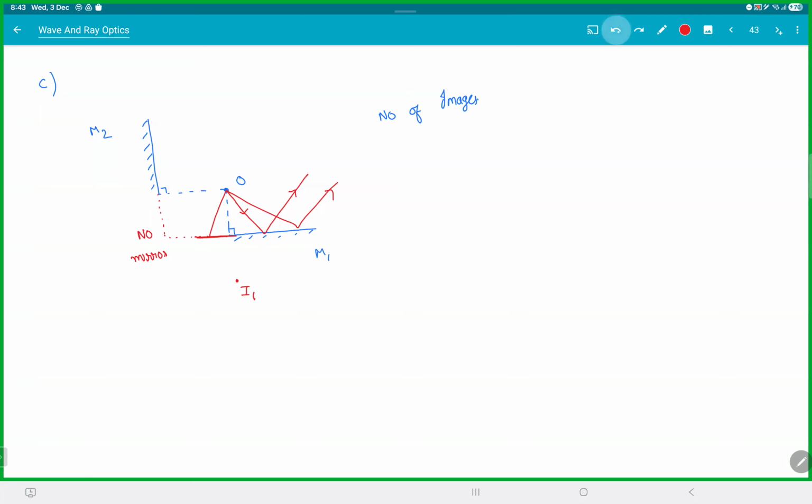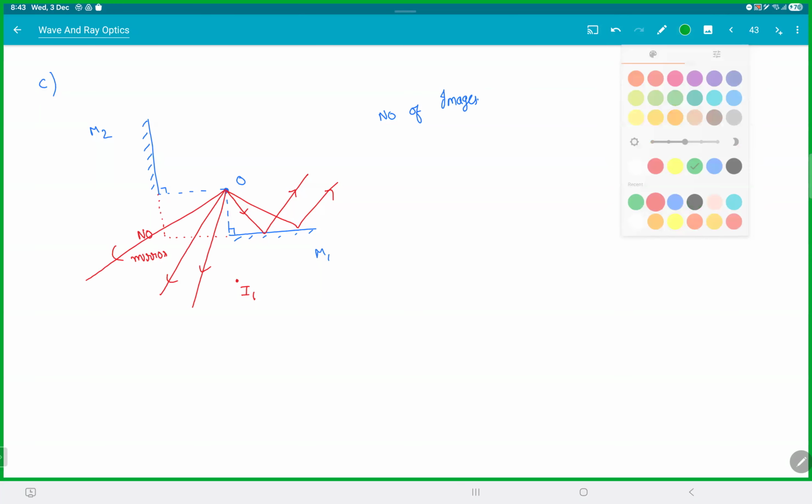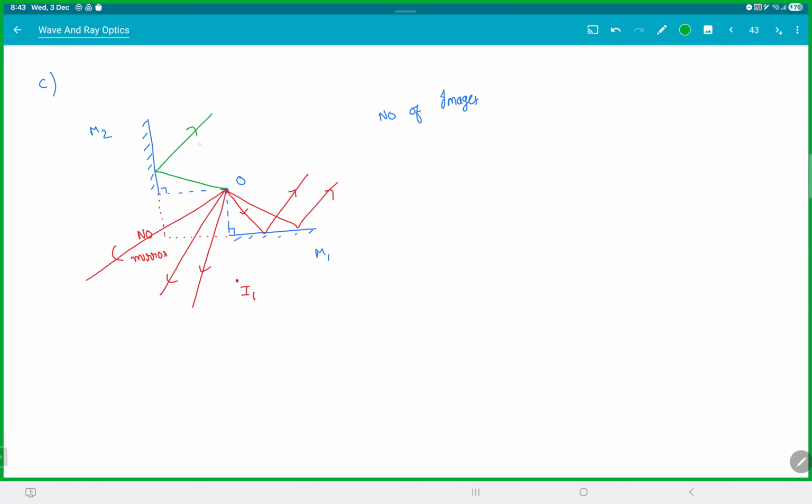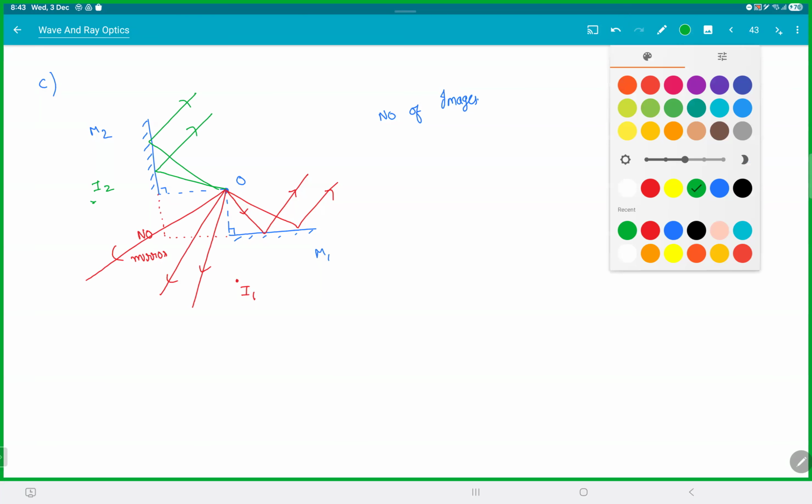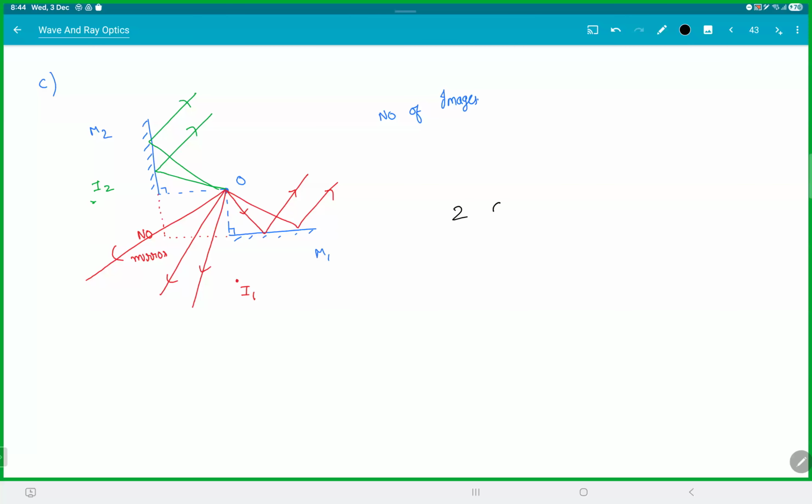But now, since there is no mirror there, every light ray will just go off like this. Not a single light ray will come from M1 to M2. Similarly, not a single light ray will come from M2 to M1. So M2 does not know who is I1, M1 does not know who is I2. So I3 will not form. Clear? You get only two images.